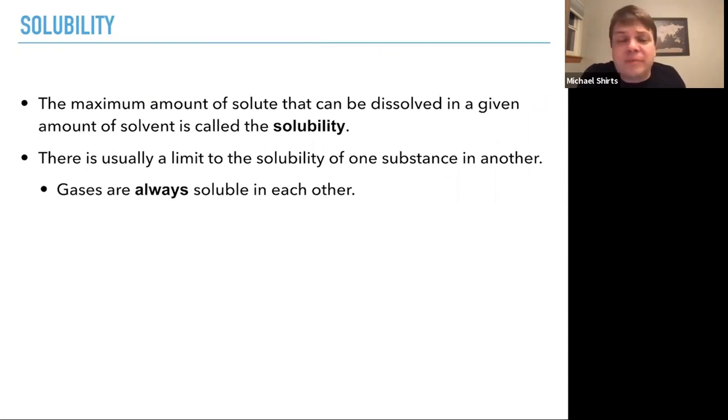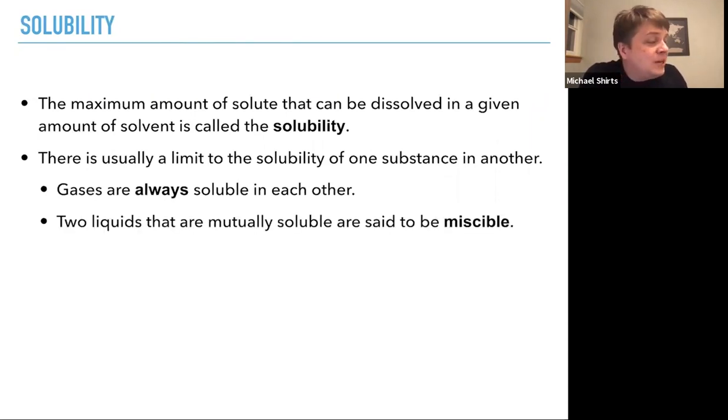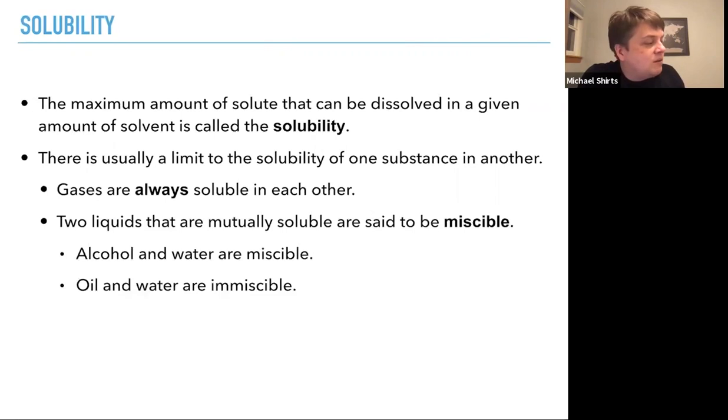It's all controlled by entropy. Two liquids that are mutually soluble, where it doesn't matter how much you put in, they still mix, are miscible. Ethanol and water are famously miscible. Most alcohols in water are miscible. Oil and water are immiscible because they're not mutually soluble. You can't put as much in. And by oil, we mean essentially any greasy oil.